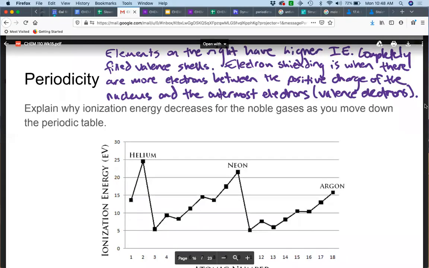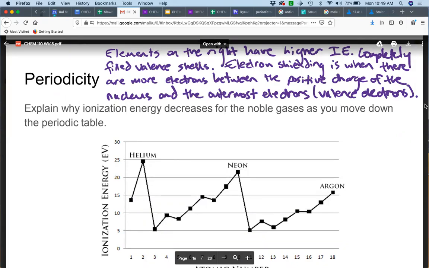Electron shielding is when there are more electrons between the positive charge of the nucleus and the outermost electrons. In this case, helium has very few electrons between the nucleus and the outermost shell. In fact, there are none. Helium has only one subshell, the first subshell, which holds 2 electrons. So those 2 electrons are close to the nuclear charge at all times.